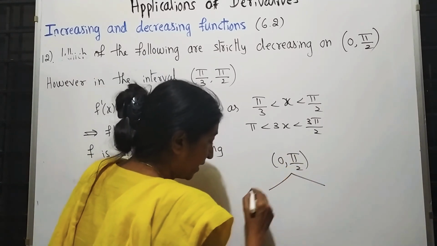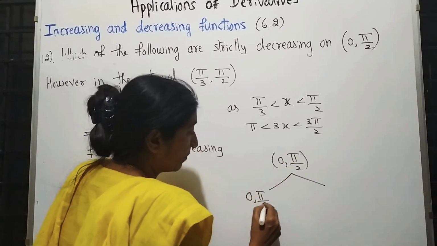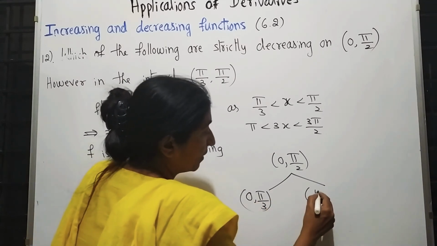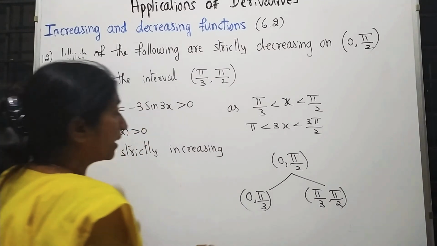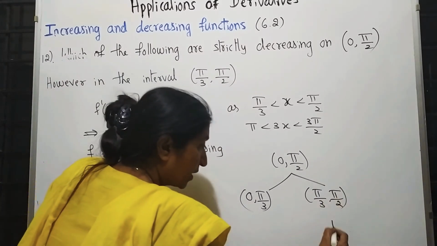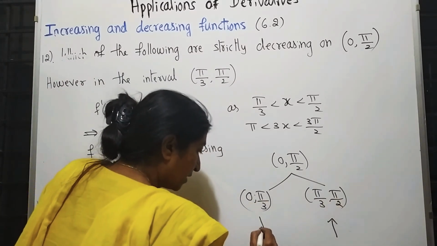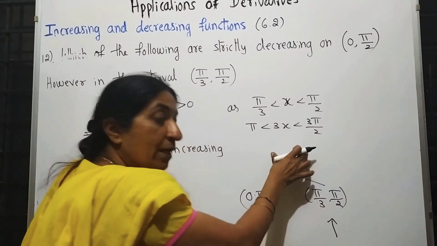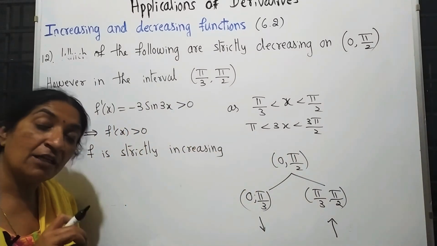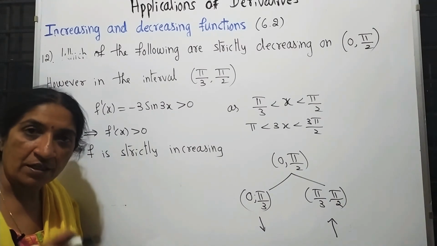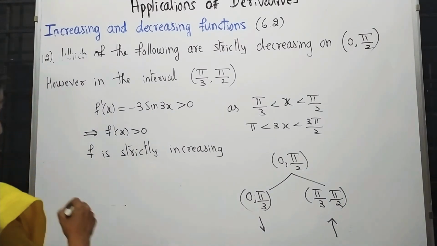See, in this problem the interval with the help of angle is divided into 0 to pi by 3 and pi by 3 to pi by 2. And what we got as the answer: in pi by 3 to pi by 2 it is increasing and here it is decreasing. That means in total this interval half it is increasing, half it is decreasing, so in the total interval our conclusion is neither increasing nor decreasing.